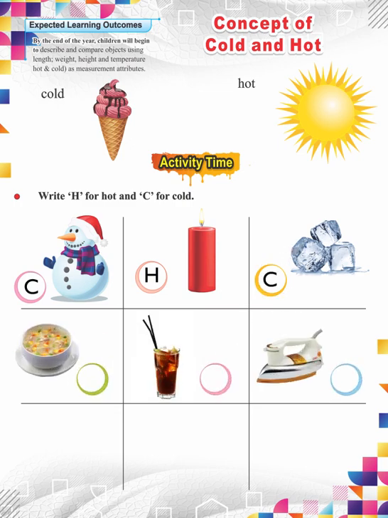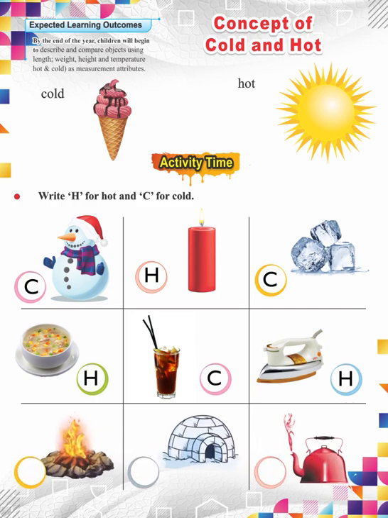The spicy soup is hot, so write H in the circle. The glass of soft drink is cold, so write C in the circle. The iron for pressing the clothes is hot, so write H in the circle.